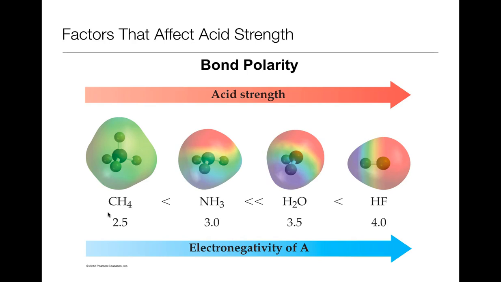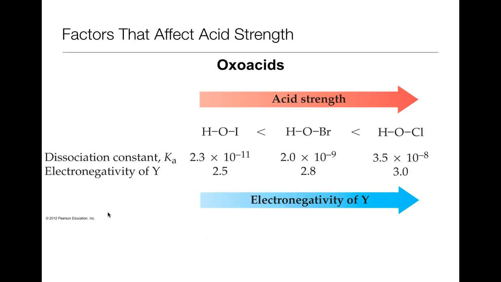As you go up in electronegativity, as the polarity of that bond increases more and more, it makes it a lot easier to break that hydrogen off to release it and form hydronium when dissolved in water. And so it's exactly what we see. We go from C to N to O to F. If you notice, that's literally going across the periodic table, and as we go across that row, the acid strength increases.